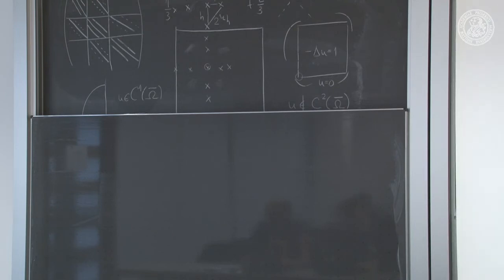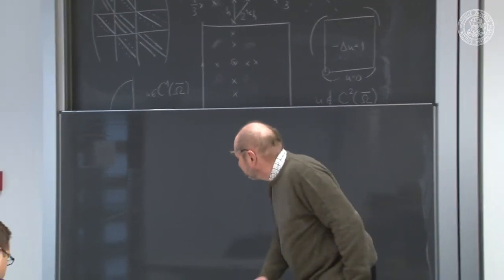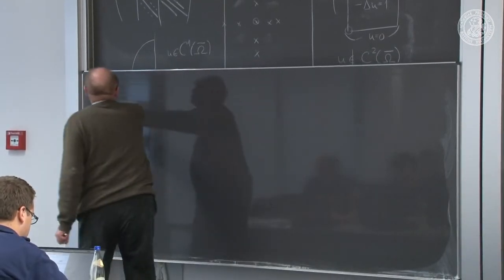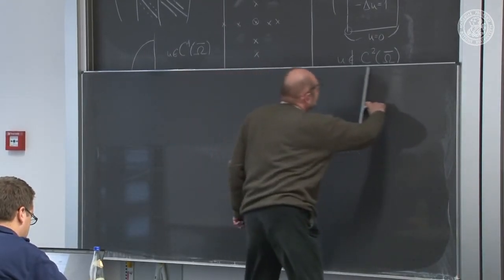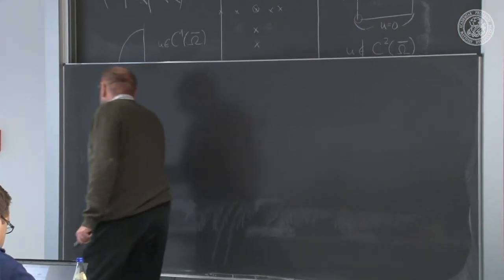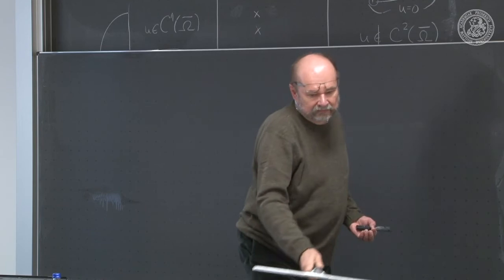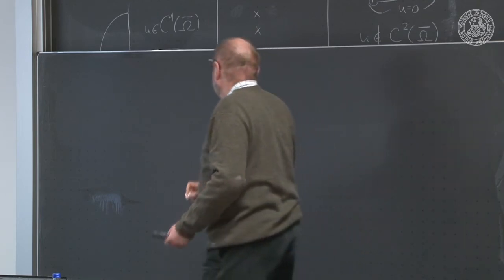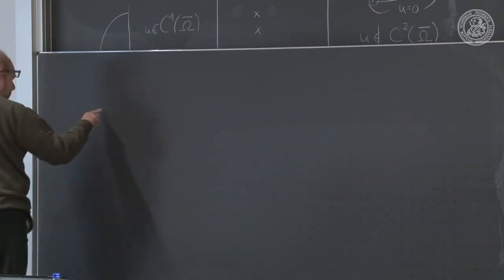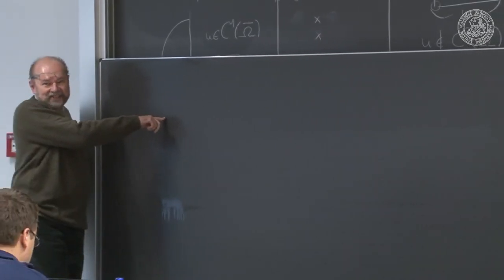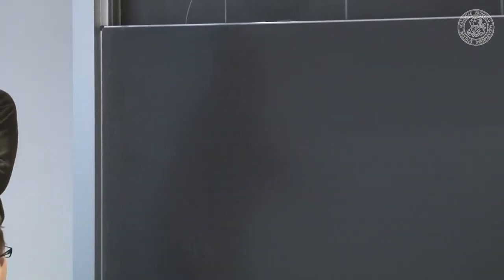So let's draw a general domain in 2D. Okay, you see all those crosses here? These are already our grid points, so to speak.